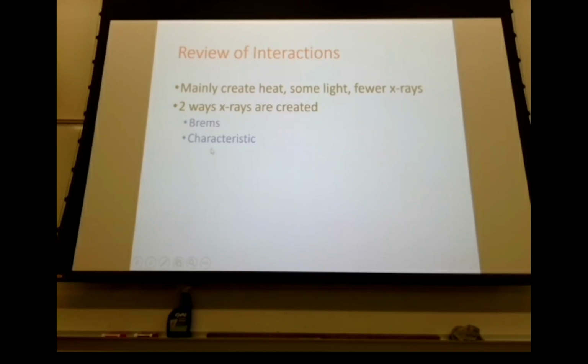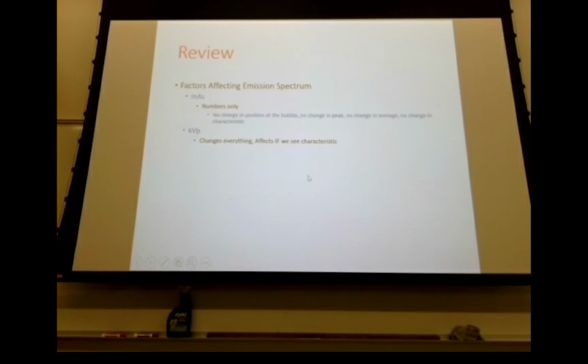Even though we get characteristic photons off of any electron that we hit, the only one that we're going to pay any attention to is that inner shell electron being replaced by an unbound electron, 69.5 keV.